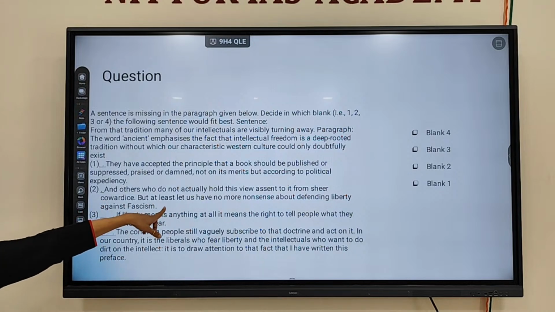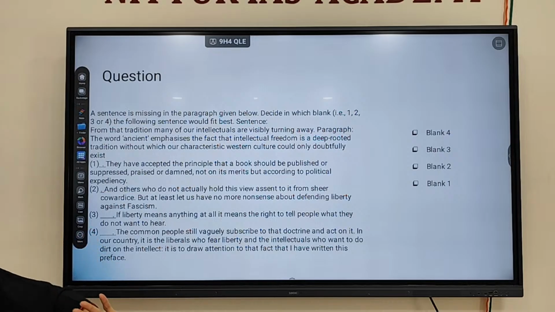The others who do not actually hold this view are either cowards, who don't want to come out and speak, or they don't want to have any more nonsense talk about defending their liberty. And if liberty means anything, it means the right to tell people what they don't want to hear.